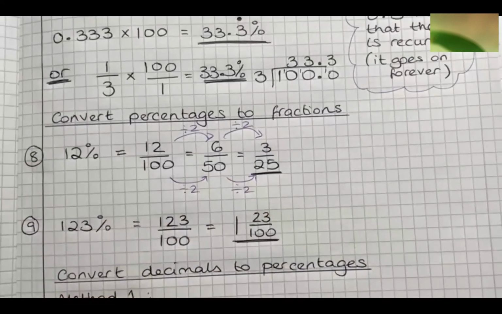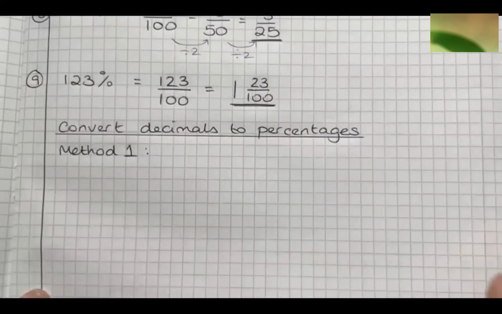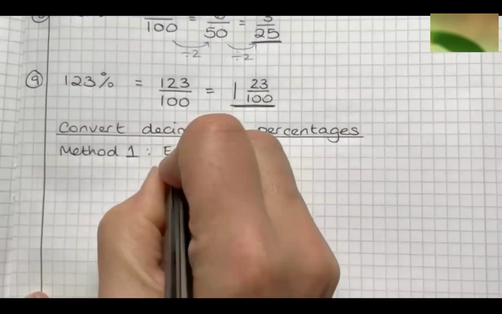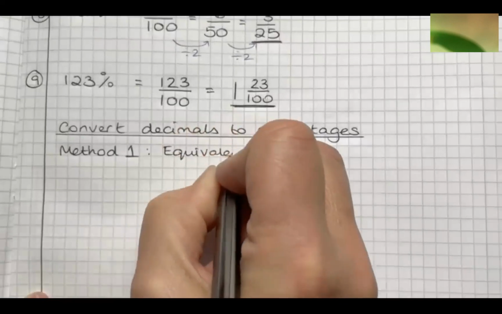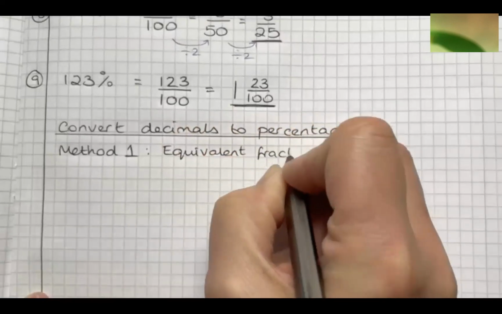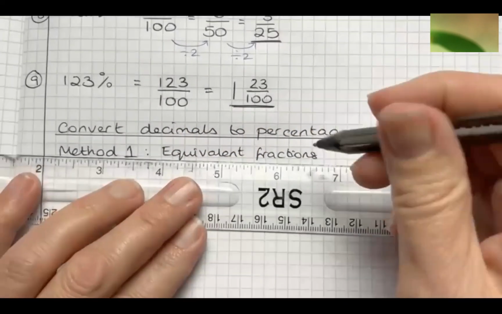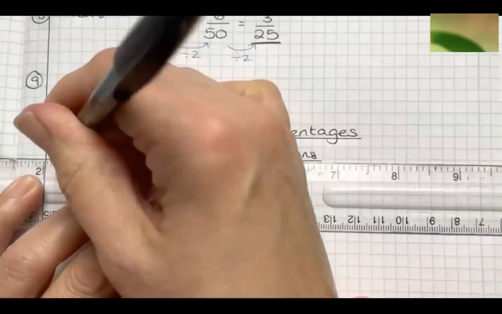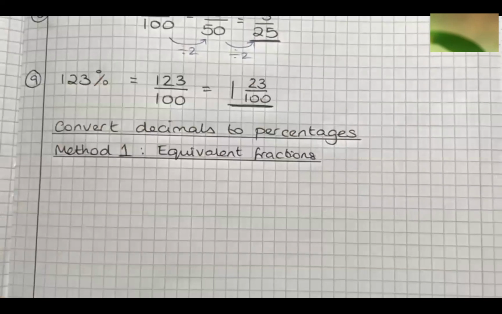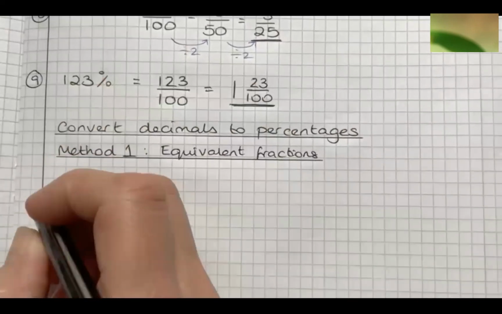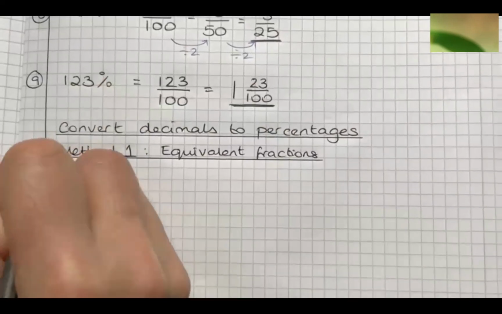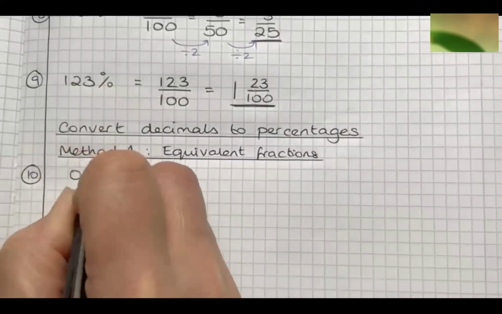I tend to prefer the second method, but I'll show you both. Method 2, using equivalent fractions. You'll often find in maths there's multiple different methods, and you can use the method that you prefer or best suits the question.